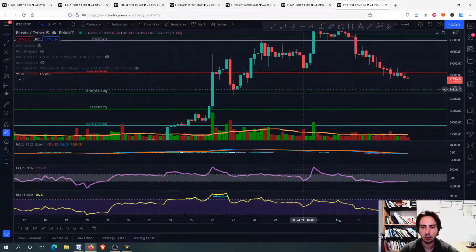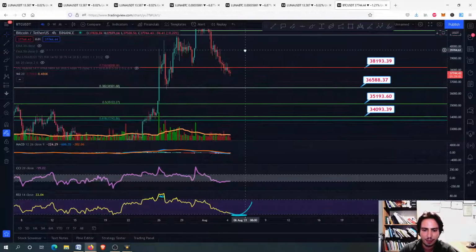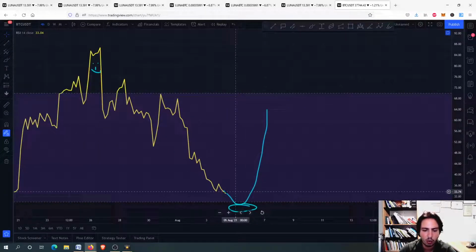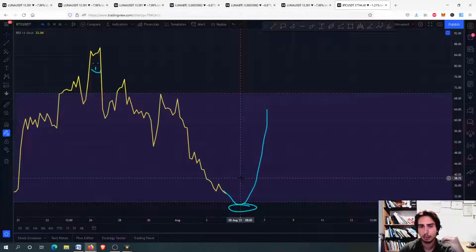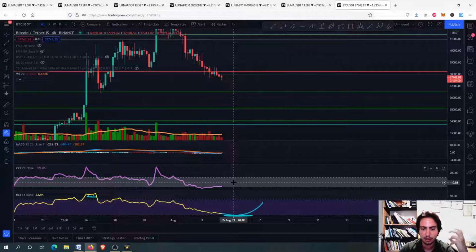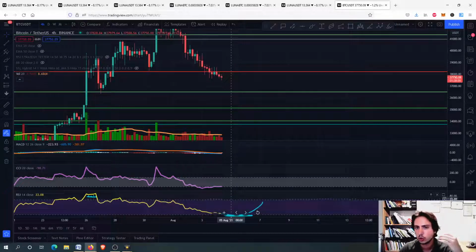But if we go, guys, above, and if we can have another swing high right here, it would be very good, because on the RSI you can see that on the 4-hour frame we are getting into an oversold situation. This will help Luna and other altcoins very much, right? Because we are on the commodity channel index in an oversold situation. On the 4-hour frame on the RSI, we tend to go there.